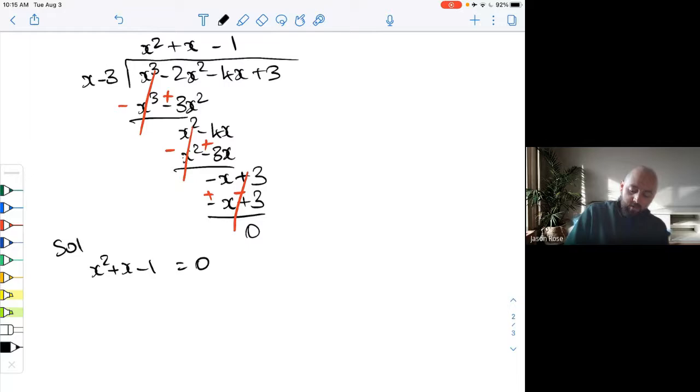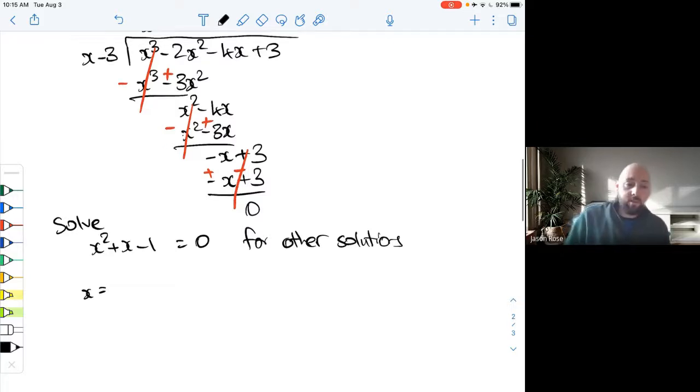So what I have to do is solve this for the other solutions. Okay, what do we get? I think I'm going to have to use the minus b formula here because factoring won't work.